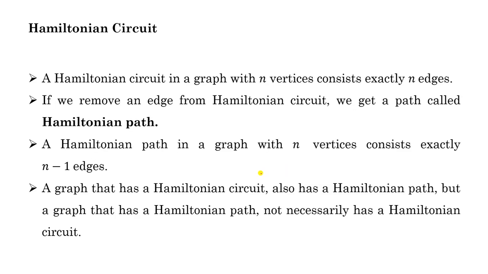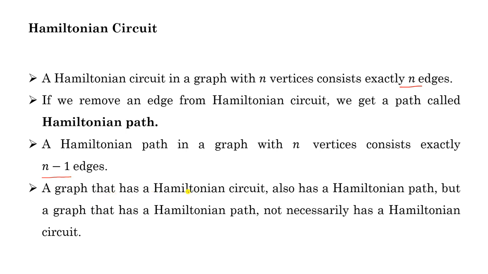Now some facts about the Hamiltonian circuit. A Hamiltonian circuit in a graph with n vertices consists of exactly n edges. If we remove one edge from the Hamiltonian circuit, then we get a path which is known as a Hamiltonian path. A Hamiltonian path in a graph with n vertices consists of exactly n minus 1 edges.